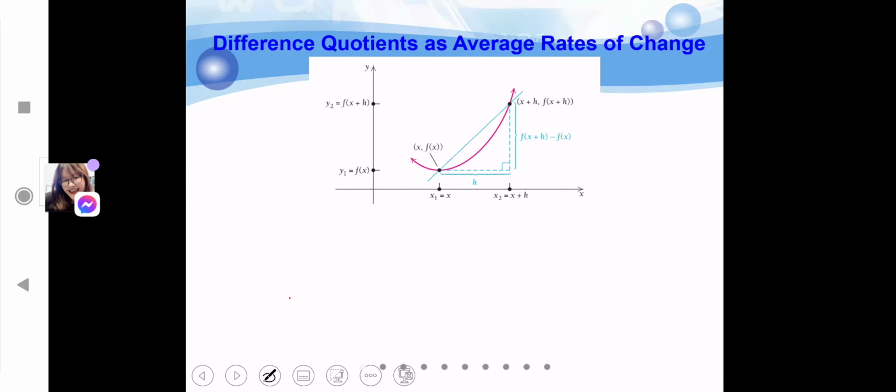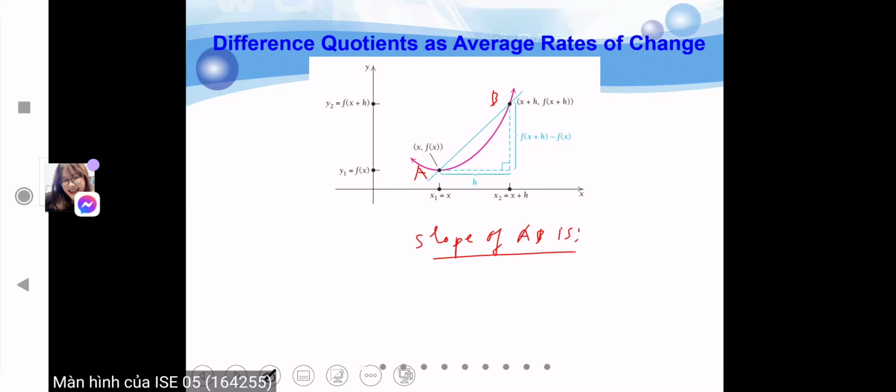In this case, what is the slope of AB? Can you read it for the slope of AB? f(x plus h) minus f(x), over h. Yes, correct.